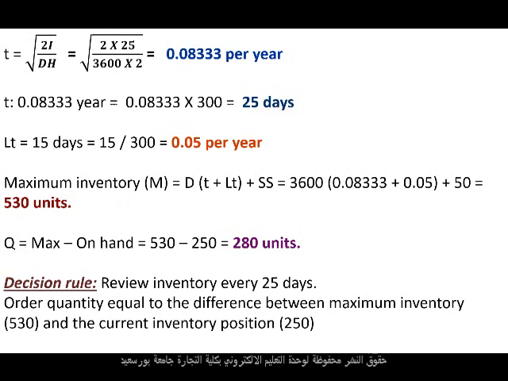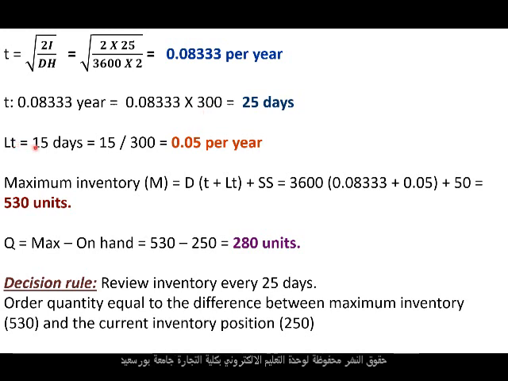First, T equals the square root of 2I over DH. The answer is 0.0833 per year. Convert this number to days by multiplying by 300, because we work 300 days per year.